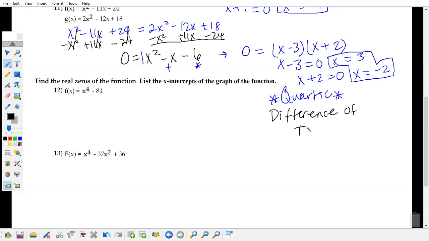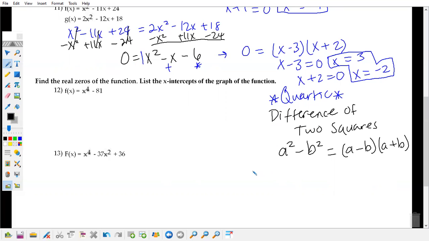The difference of two squares is saying if you have a squared minus b squared, then it automatically factors to be the square root of a minus the square root of b times the square root of a plus the square root of b. Does that look familiar? Hopefully.